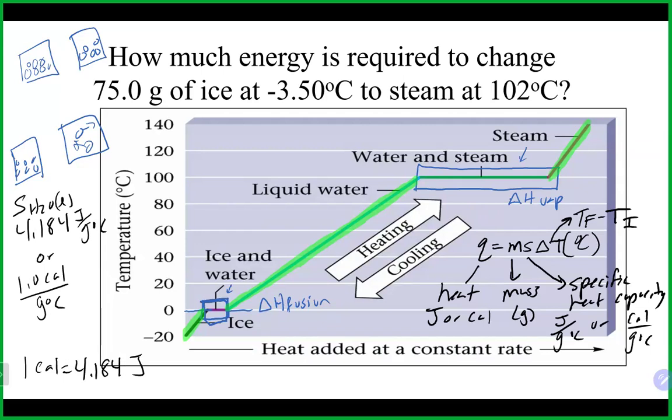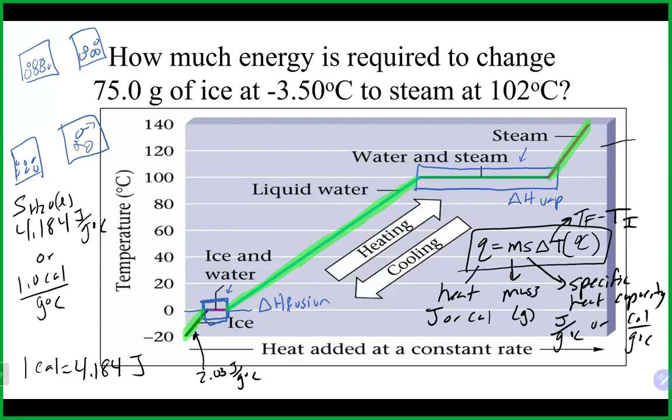Remember, especially in a situation like we're dealing with here, it's important to understand that the substance phase is important. For example, if you were using our specific heat equation down over here at ice, ice has a different specific heat capacity than liquid water. It's more like 2.03 joules per gram per degree Celsius.